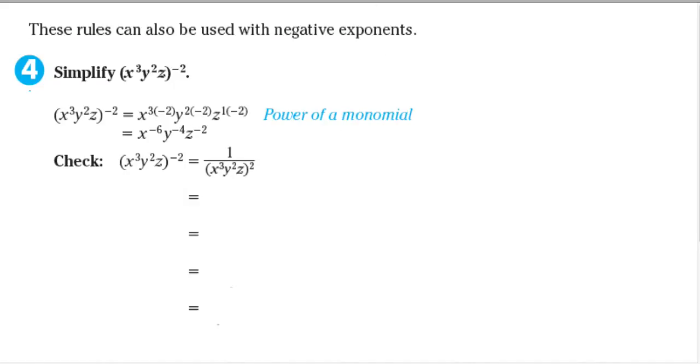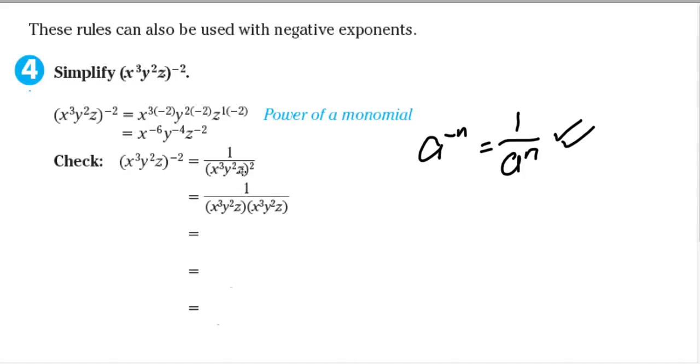Remember that one of the rules that we learned in the past is that if you have a to the negative n, this is the same as 1 over a to the n power. That's the reason why x cubed y squared z raised to the negative 2 is the same as 1 over the quantity x cubed y squared z raised to the second power. From there, we use x cubed y squared z as a factor 2 times, and then we multiply them with each other.